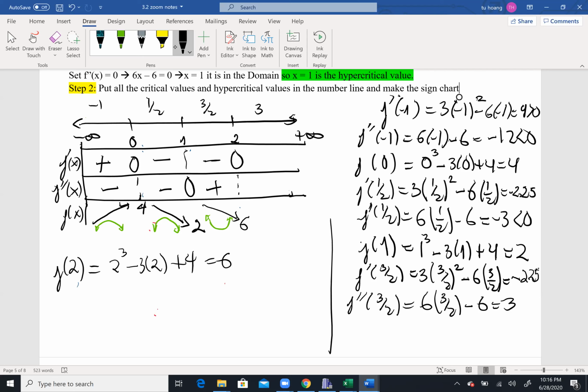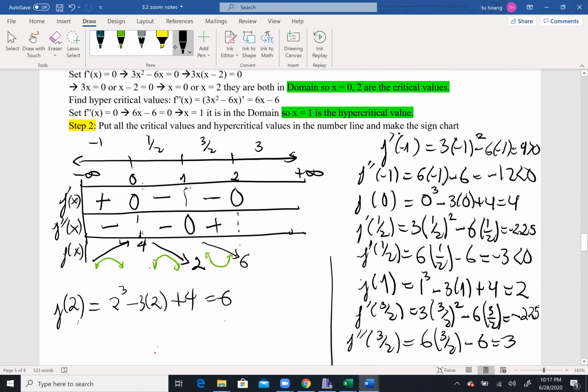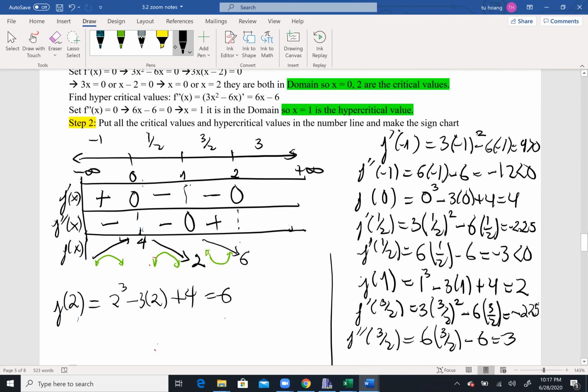It should be 8 minus. Oh, something was wrong here. So for the first one, Q minus 2, 4.